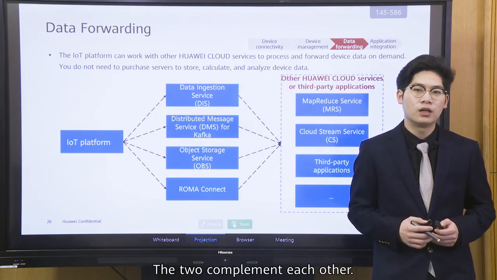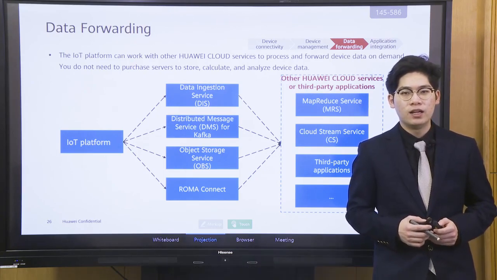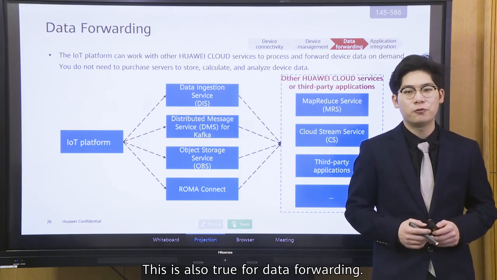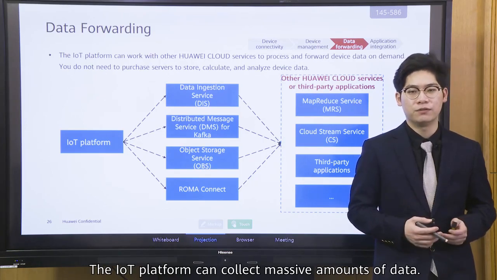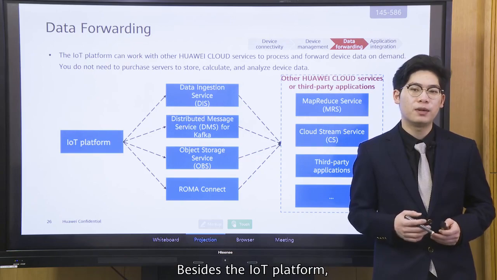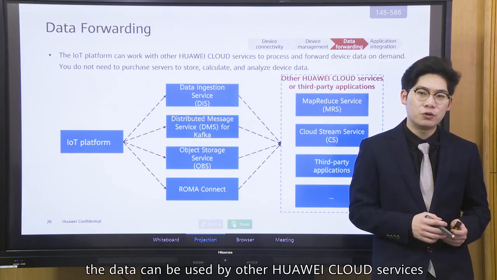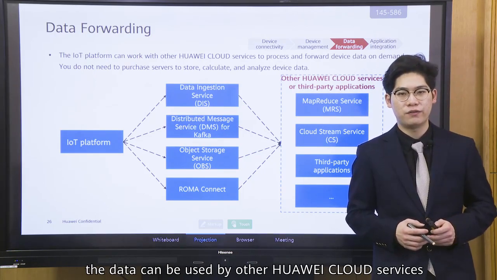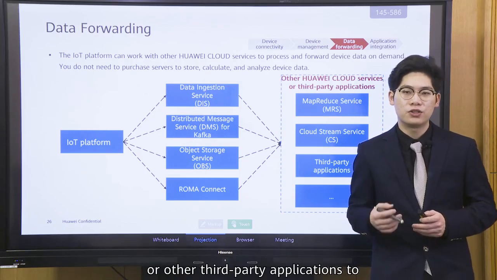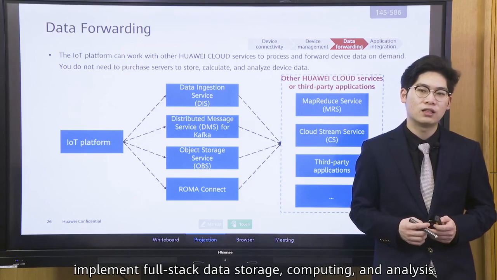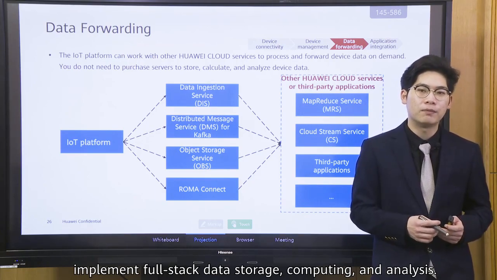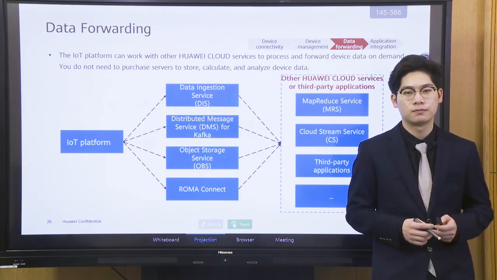The two complement each other. This is also true for data forwarding. The IoT platform can collect a massive amount of data. Besides the IoT platform, the data can be used by other Huawei Cloud services or other third-party applications to implement full-stack data storage, computing, and analysis.